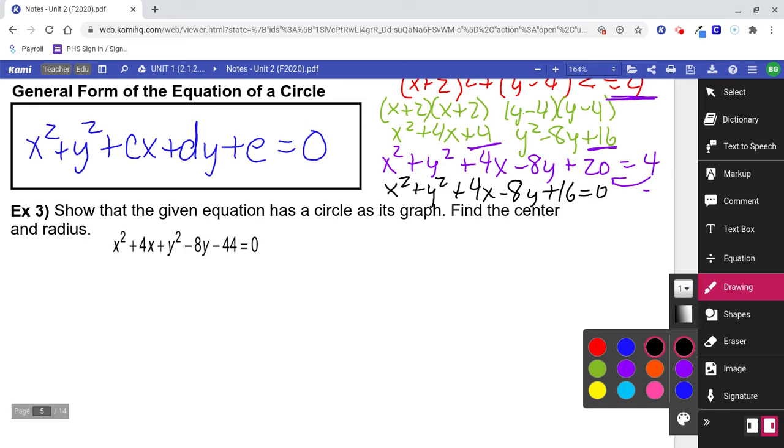All right. So in order to do that, you're going to have to do something called complete the square. And we're about to do it right now. If you want to know more about it, you can always Google search and find some other videos on completing the square. But here I'm about to show you right now.